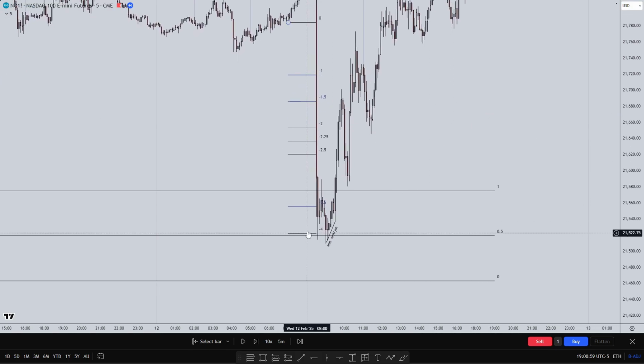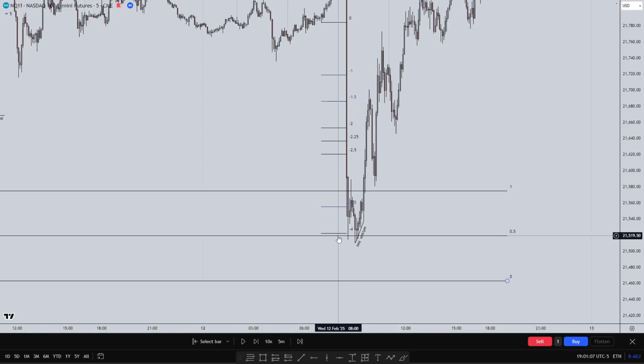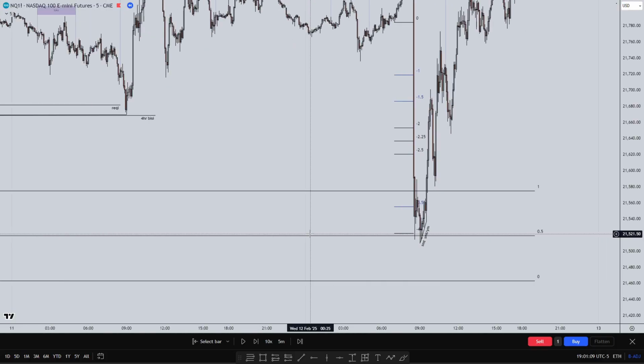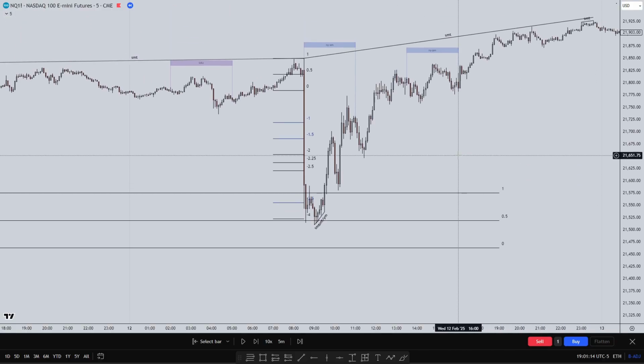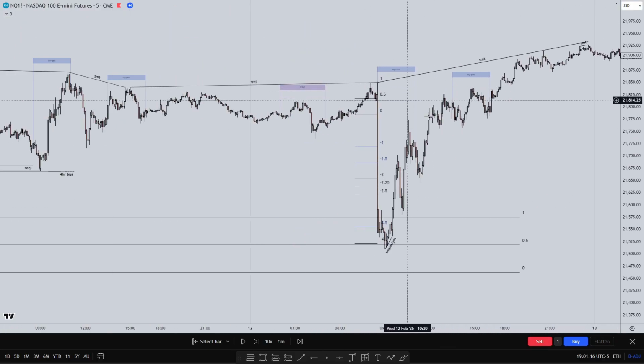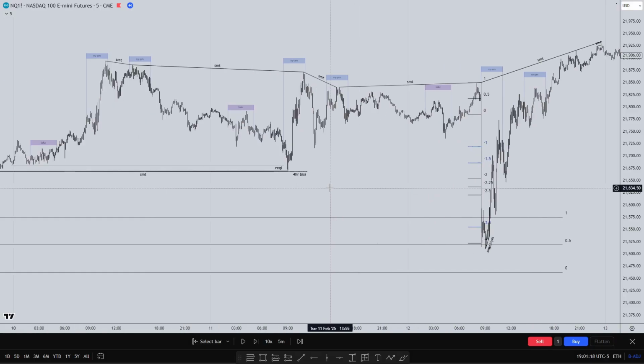And then we see we have our max expansion -4 aligned with the new weekly opening gap 50%. And then you got ES and YM SMT that started that price delivery back to data highs.